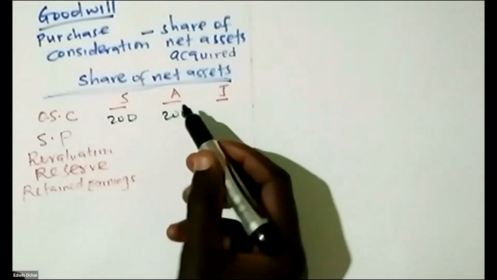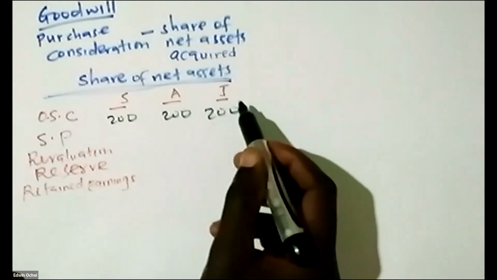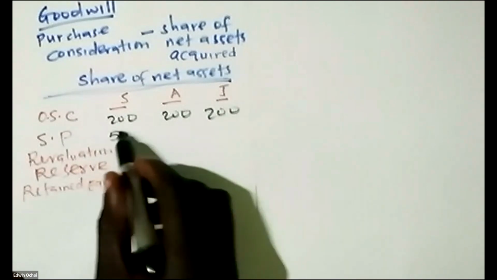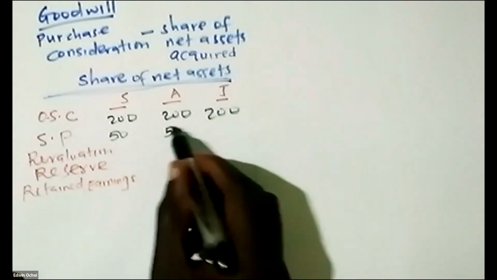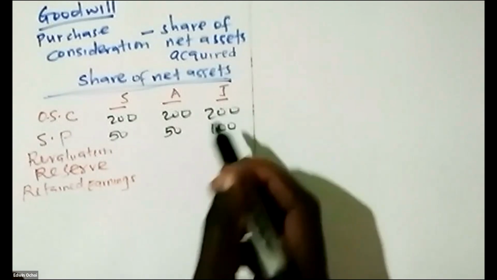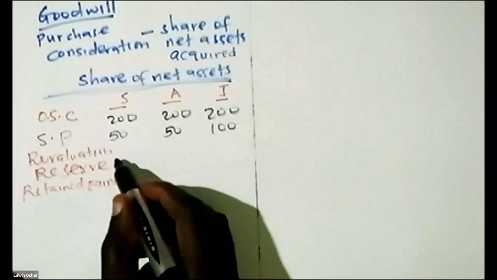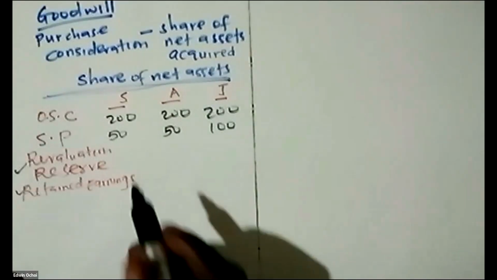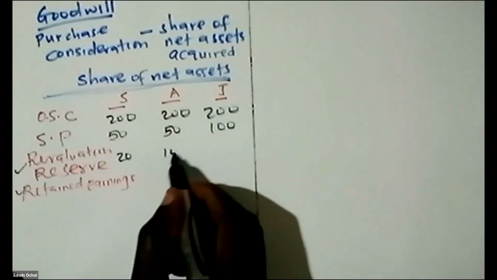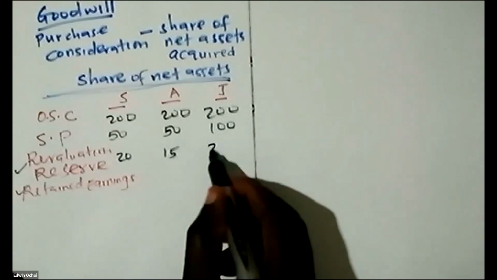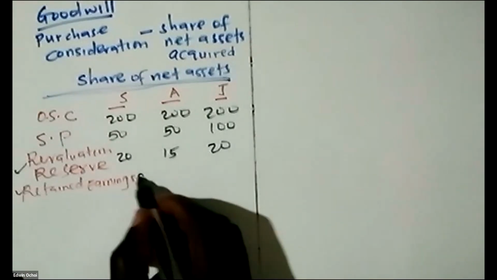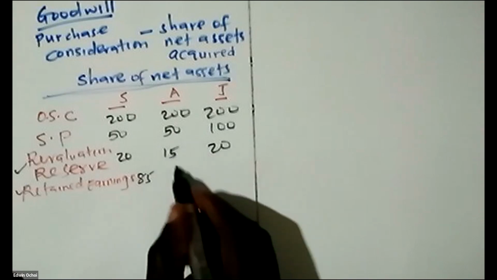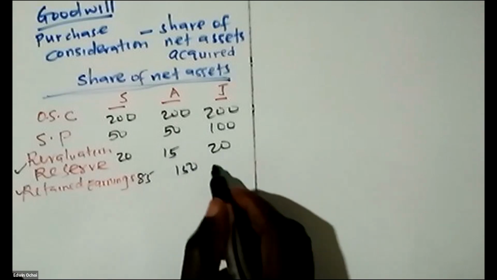This was 200, and this one was 200. This one was 50 from the statement. This one is 50, and this is 100. So these two, revaluation reserve and retained earnings, as acquisition date, as given, this is 20, 15, 20. This is 85, as given, 150, 120.